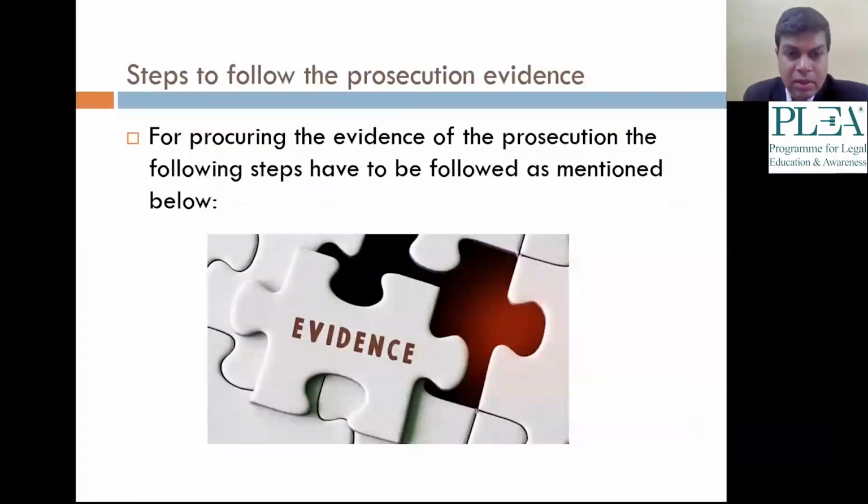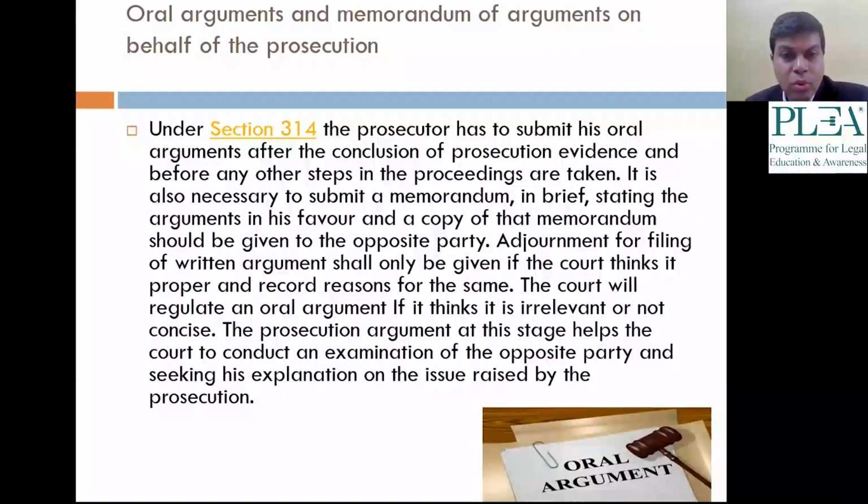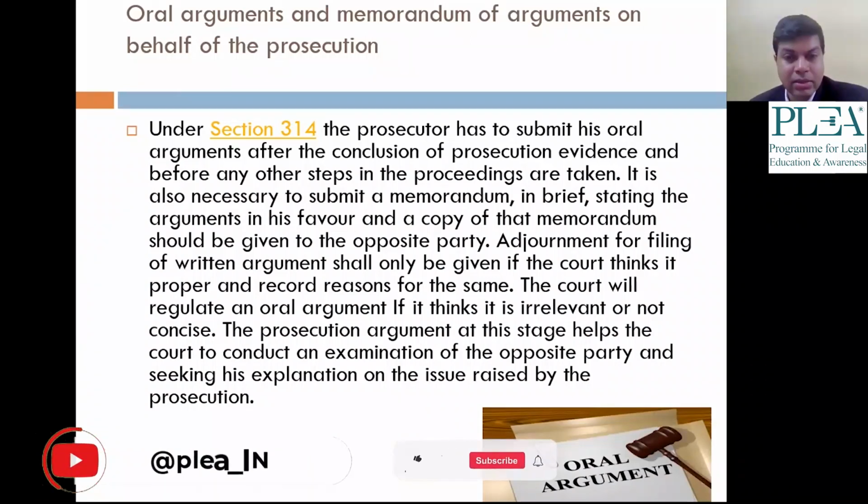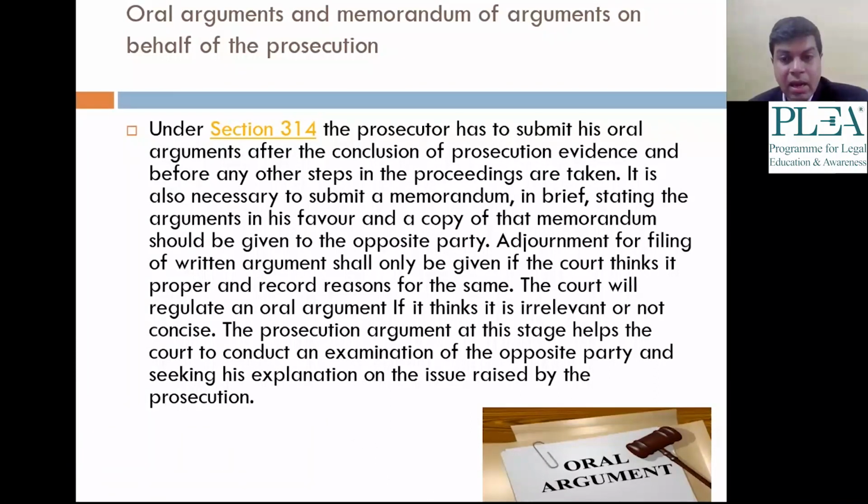So in this slide, we will look at the steps to be followed for the prosecution evidence. For procuring the evidence of the prosecution, the following steps have to be followed: oral arguments and memorandum of arguments on behalf of the prosecution. Under section 314, the prosecutor has to submit his oral arguments after the conclusion of the prosecution evidence and before any other steps in the proceedings are taken.